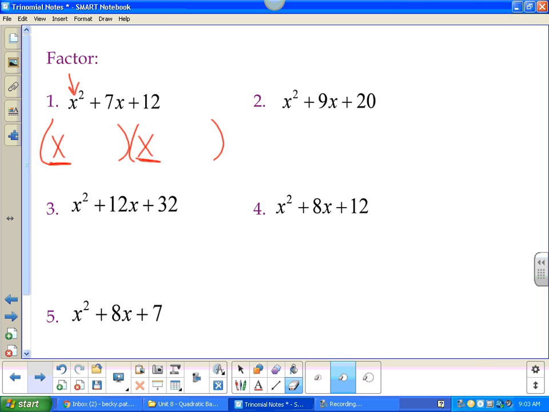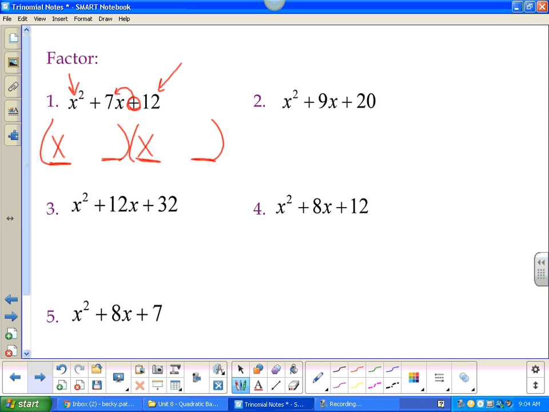Now, for what goes in the back of my parentheses, I want to think about the factors of 12. Well, I've got several. I've got 1 times 12, 2 times 6, and 3 times 4. I want the pair of factors, and this is where the signs come in, that will add to give me 7.